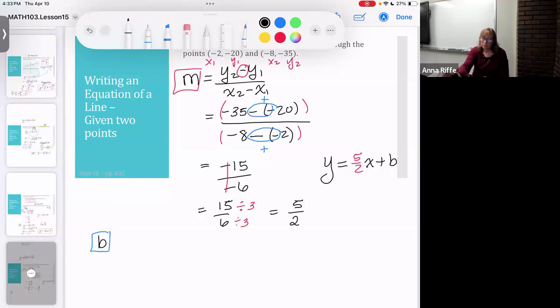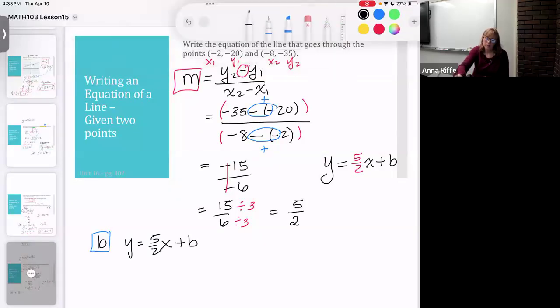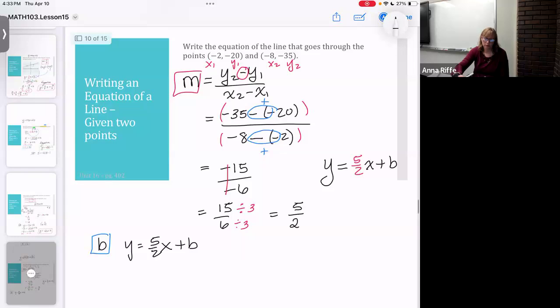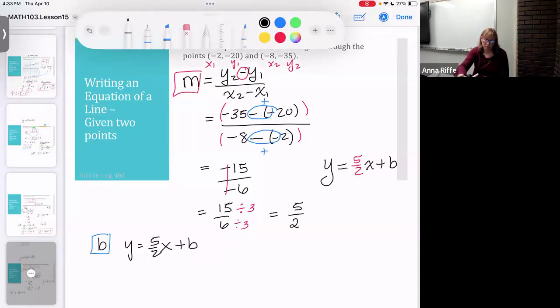To find b, I'm going to take that equation, y is equal to 5 halves x plus b, and take either of my points above, it doesn't matter which, and substitute the x and the y for x and y in the equation. I'll just choose my first point out of convenience and because they're smaller values.